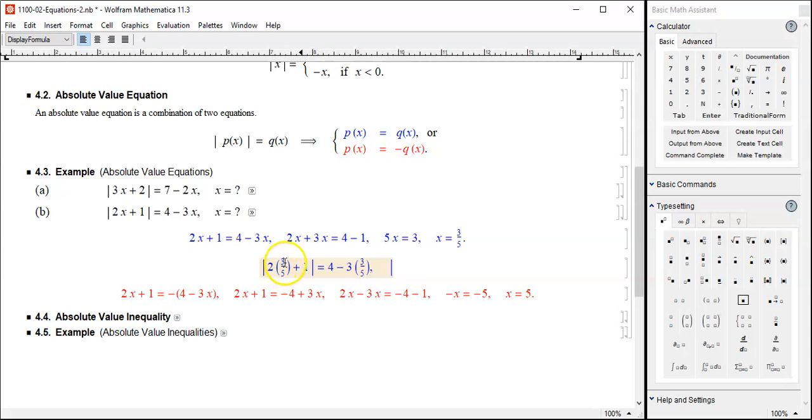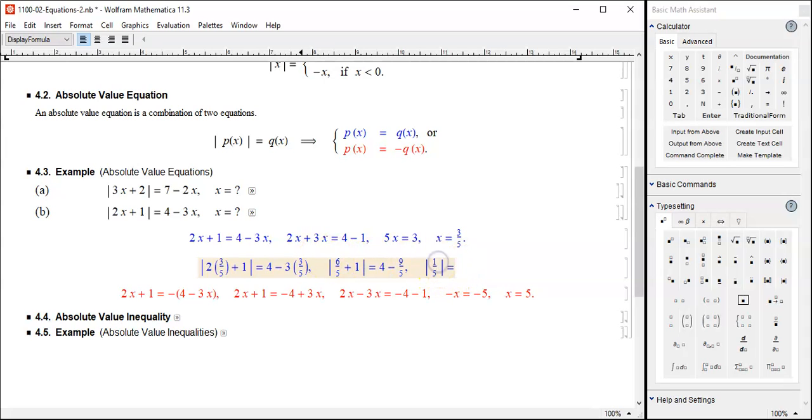This is 2 times 3, that's 6/5 plus 1 is equal to 4 minus 9/5. Let's see, that's 5/5, so 11/5 is equal to, that's 20.